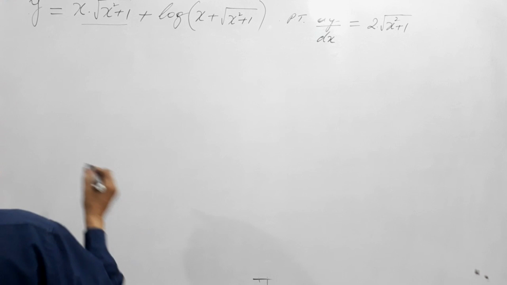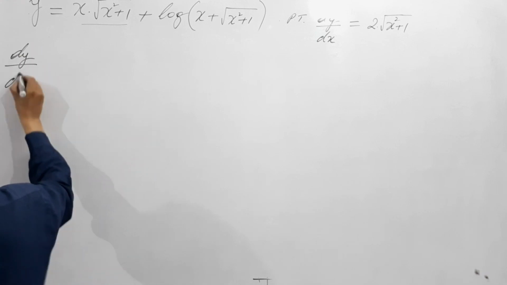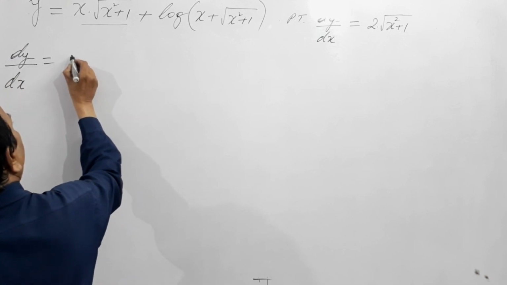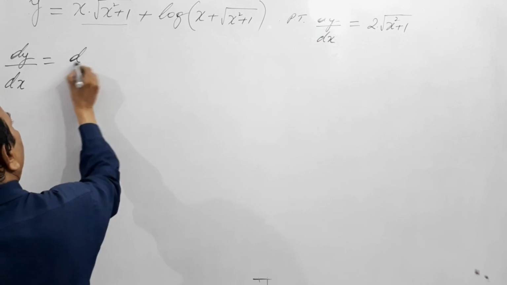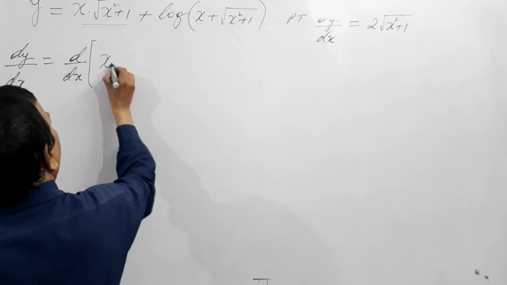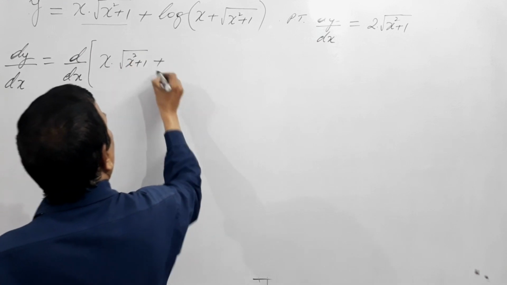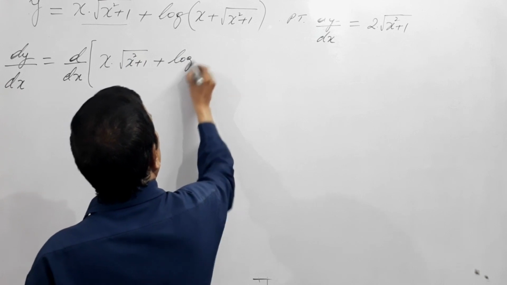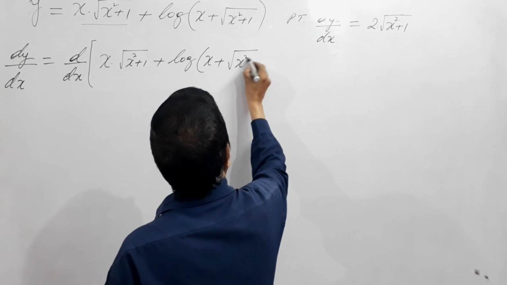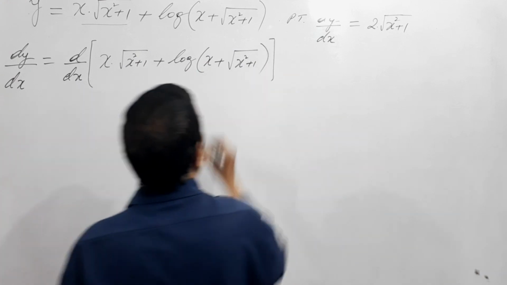So what we'll do is we'll differentiate this. dy by dx equals d by dx of, I'll repeat the problem, x into under the root x square plus 1 plus log of x plus under the root x square plus 1, and close the bracket.